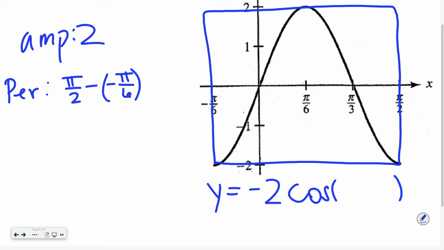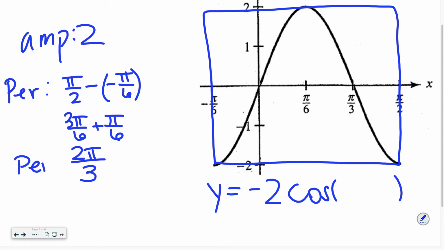Okay, so we have 3 pi/6 plus pi/6, which gives us 4 pi/6 or 2 pi/3. So our period is 2 pi/3. We had to do a little bit of work to get that. If you have a horizontal shift, you will have to do the end minus beginning to get that horizontal length.